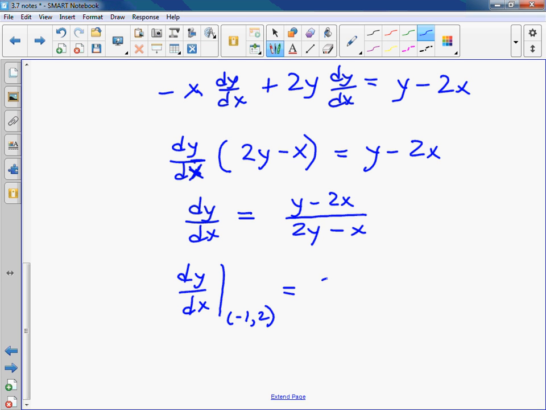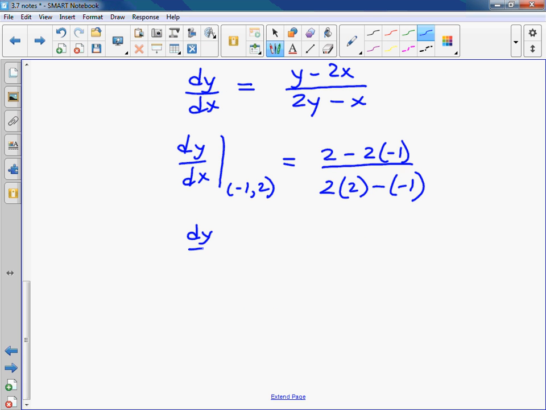That would equal 2 minus 2 times negative 1 over 2 times 2 minus negative 1. Watch my signs. So dy dx evaluated at negative 1, 2 equals, let's see, 2 minus, and that's 4, and 4, 5, 4/5.